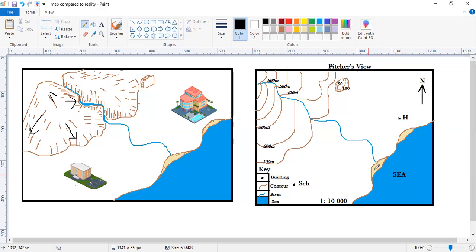All right, so in this case, here we have our border. I wrote the title of the map outside of the border, but in most cases, we will see the title within the border itself.